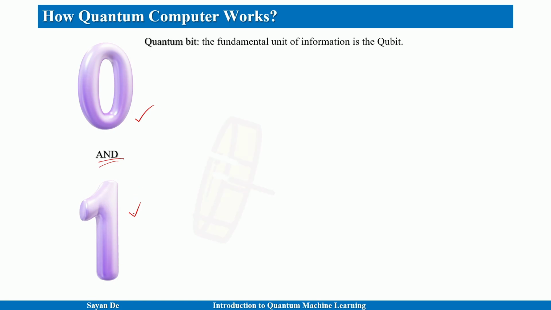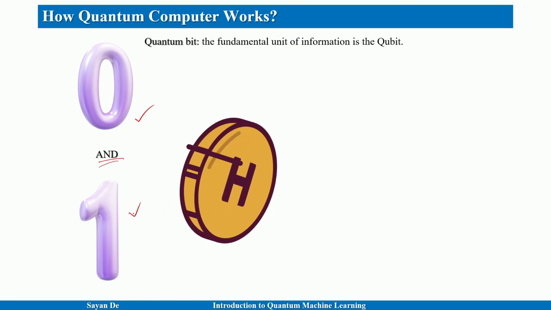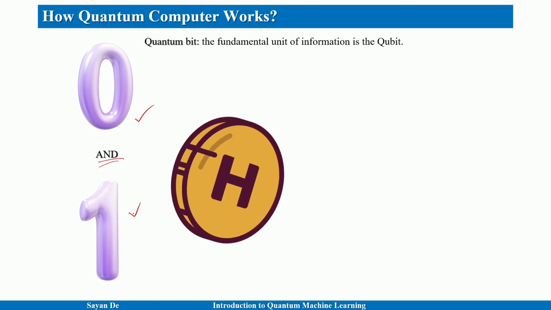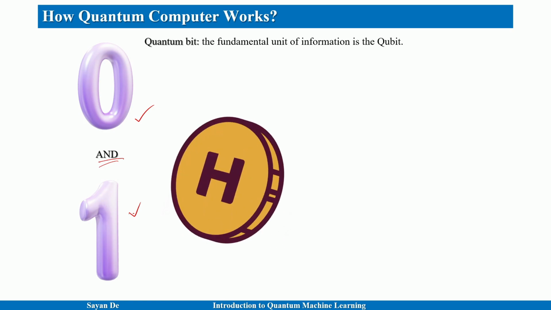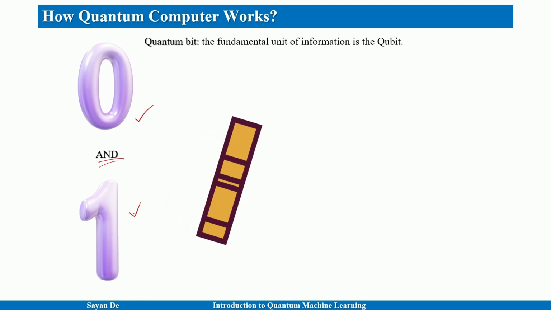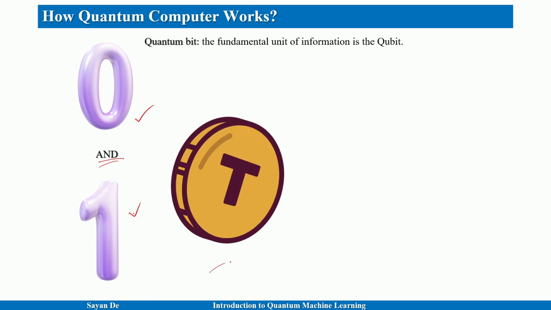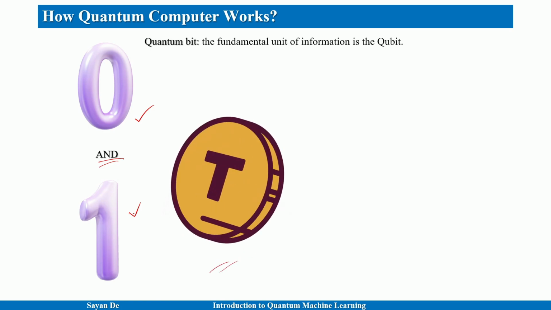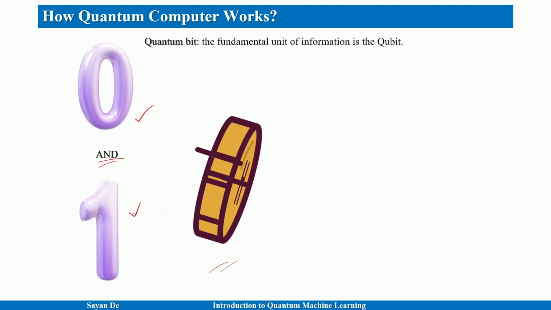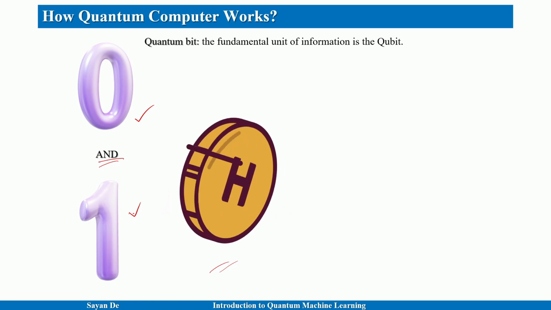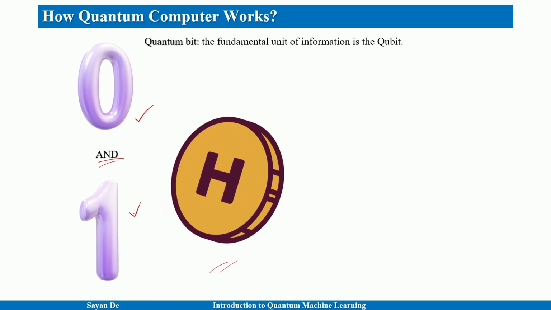So let me just take the same example of flipping a coin. Now, if I ask you to observe the position of the coin in the midway or in the mid-air. For example, I am tossing the coin. It is in the mid-air and it is rotating just like this. So it is head and tail at the same time while rotating, right, in the mid-air. But when you observe it, as in classical, it will be either head or tail.